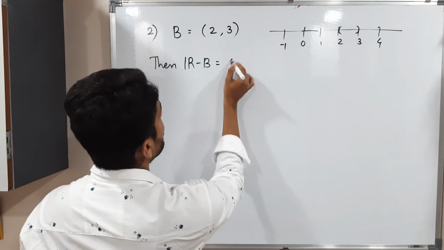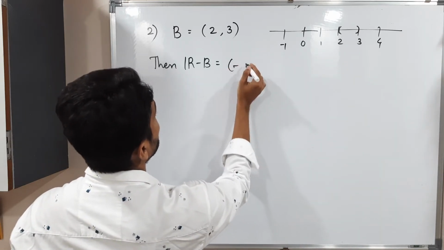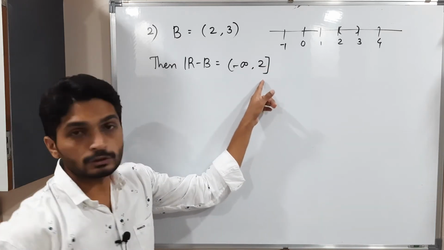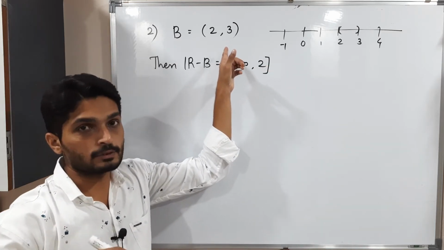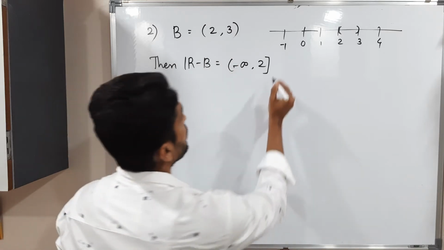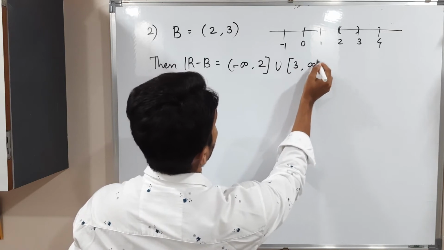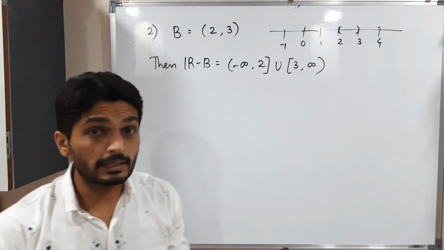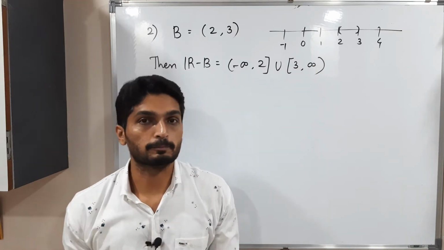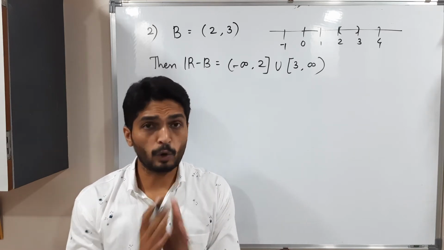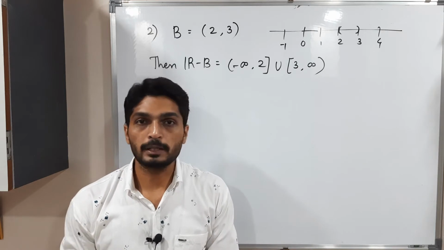So we will have here minus infinity to 2, but I will write here a closed interval because 2 is not included in set B, so it should be in its complement. Union, 3 is also not there in B, so I will add [3, infinity). So clearly these two sets are not open. These are not open intervals, so their union cannot be an open set.